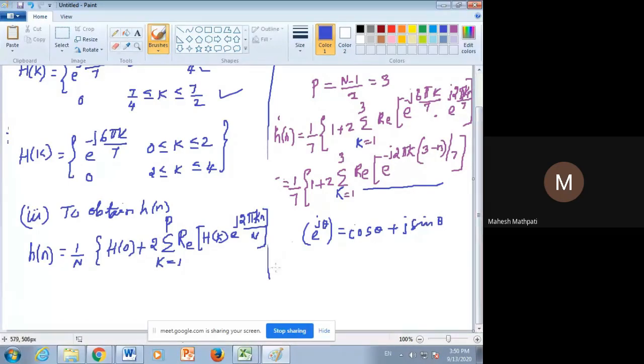If I want to write its real part of e power j theta, what can I write? I can write it as cos theta.